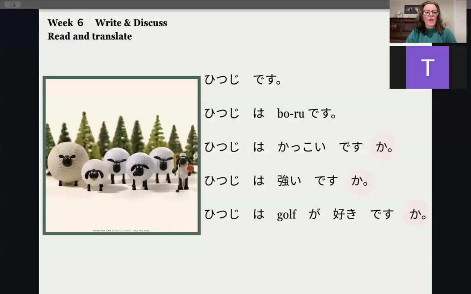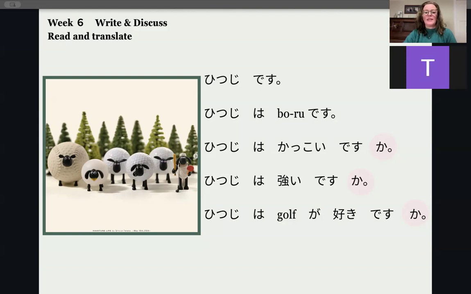So an example of the write and discuss for year threes was this one. So again, hitsuji desu, hitsuji wa boru desu. Now, I've got those words in Romaji and English. And as I said before, the goal isn't, at this point for the beginners, to provide them with a huge long list of vocab that they need to memorize.